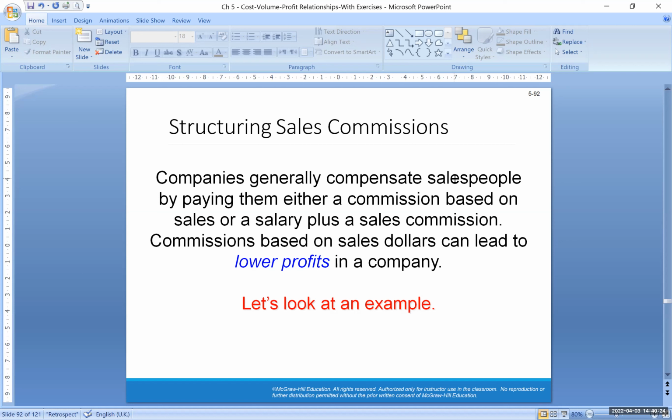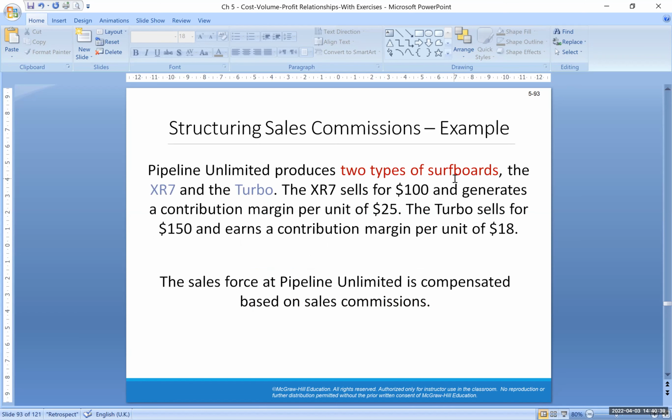Let's have an example. Structuring sales commission. A company produces 2 types of surfboards, the XR7 and the Turbo. The XR7 sells for $100 and generates a contribution margin per unit of $25.